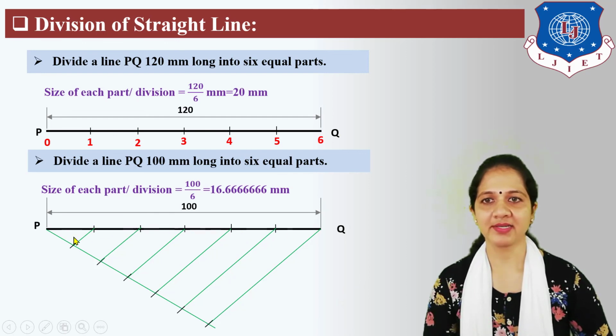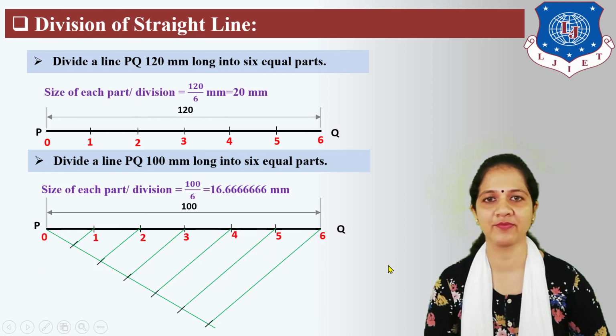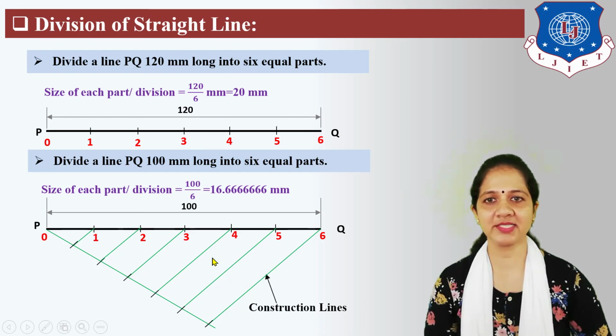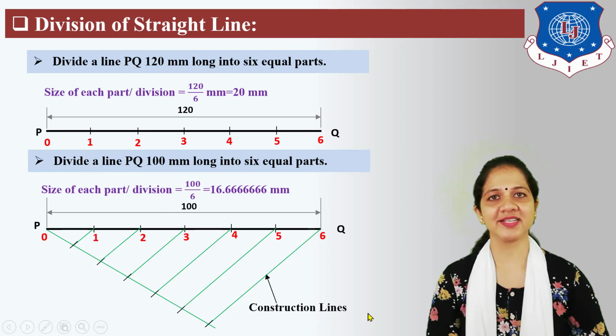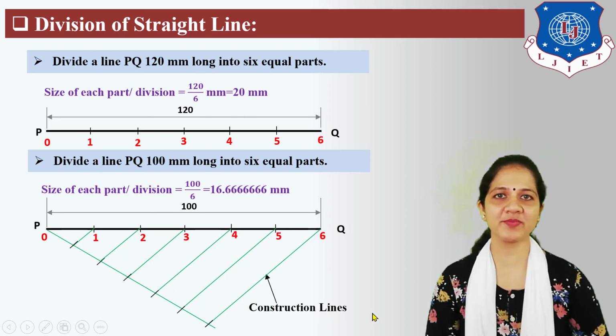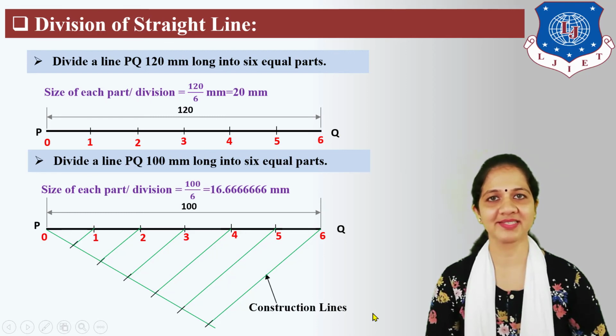Mark the division points on line PQ as 0, 1, 2, 3, 4, 5 and 6. These are known as construction lines. So this is the division of straight line methods.